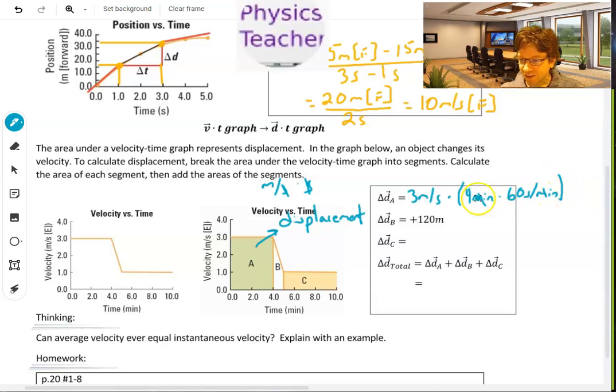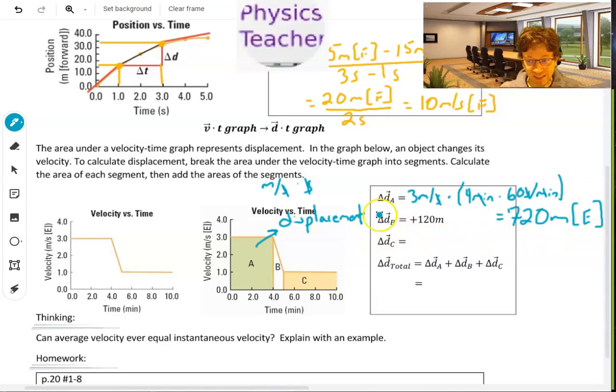And so minutes cancel here, seconds cancel here, and we'll get an answer in meters. So 3 times 4 times 60, and we get 720 meters. And since our answer is positive, and our positive direction is east, we know our displacement was east.